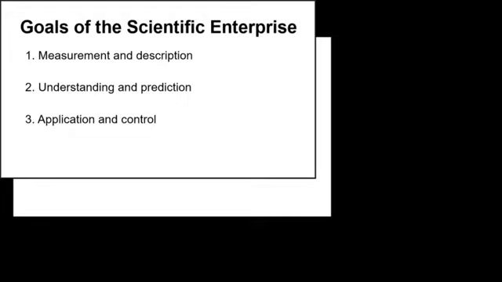And then the last of these potential goals is application and control. If you figure out what's causing the behavior you're looking at, maybe you want to make use of it. Maybe you want to apply it to a situation or control that behavior in a time or place.